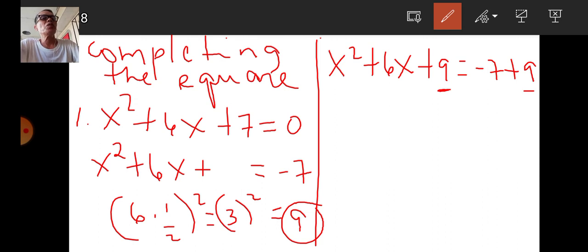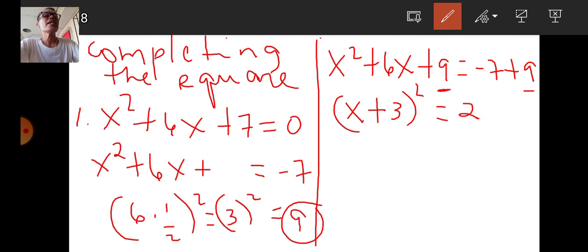So the square root of the first term, x squared, is x, the middle term is positive, the square root of 9 is 3, and then squared, and on the right you will have negative 7 plus positive 9, which is positive 2. Extract the square root, you will have x plus 3 must be equal to plus minus 2.